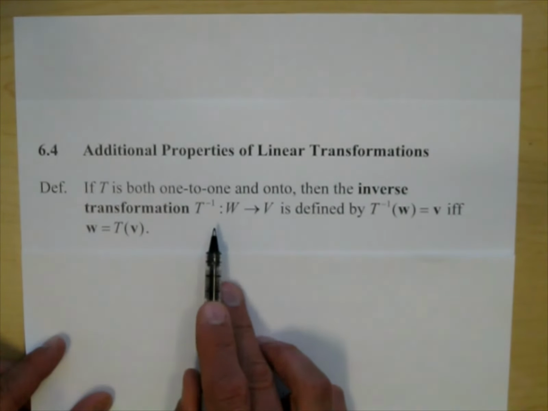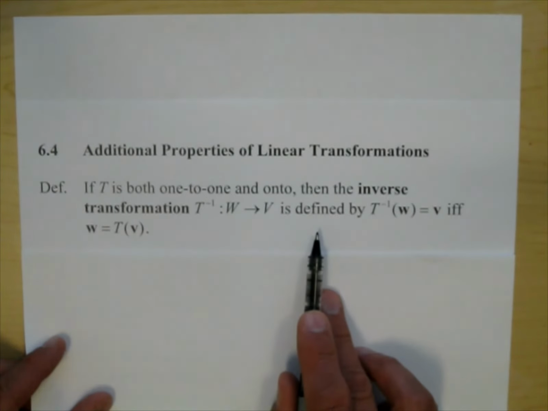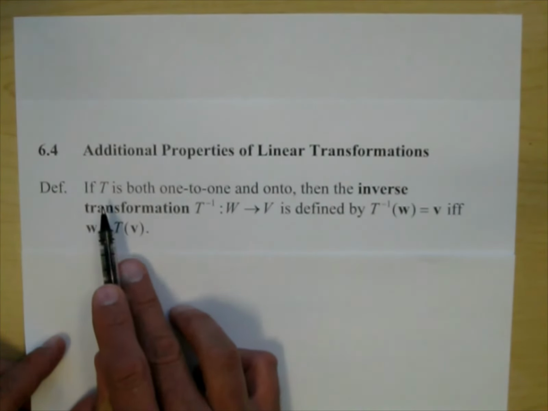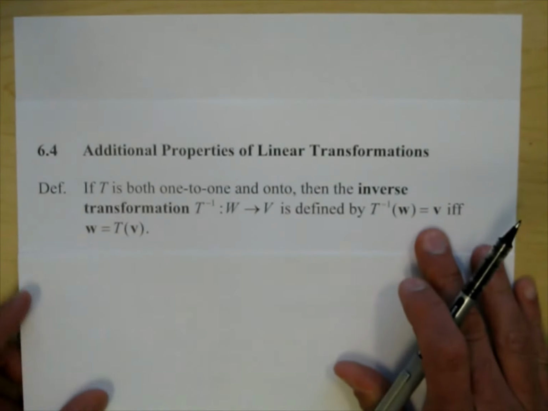That's all that says. But in order for the inverse transformation to exist, for it to be defined, your original transformation has to be 1 to 1 and onto.